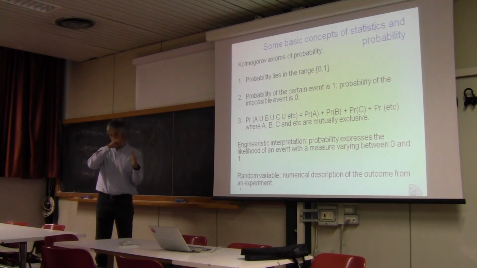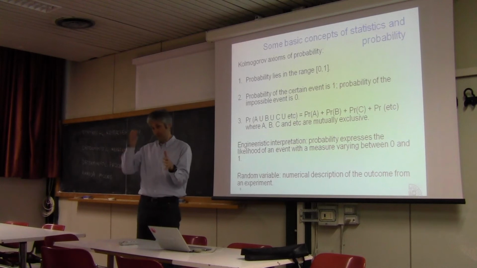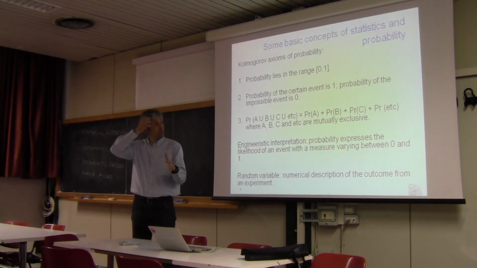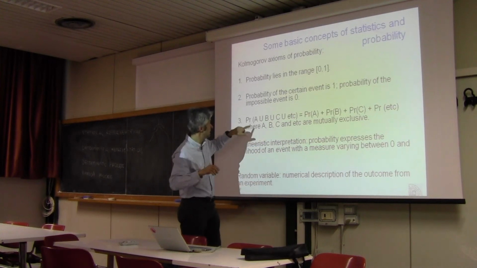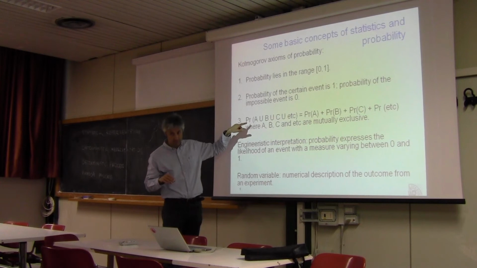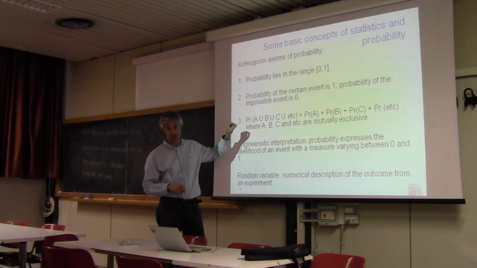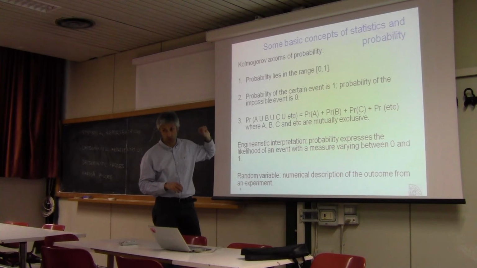So let's suppose that a frequentist runs 100 experiments, and let's suppose that this frequentist gets 20 events A. Then he will define the probability as the ratio of positive outcomes, of A outcomes, over the total.